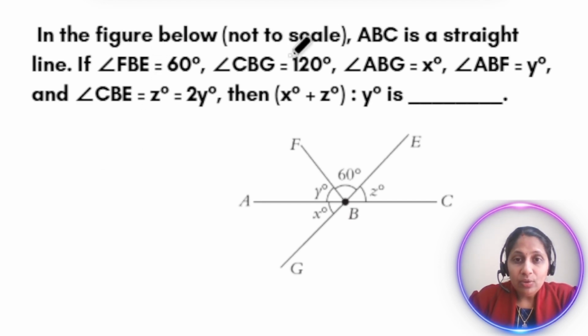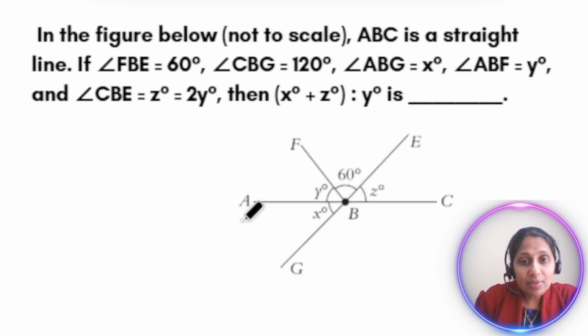In the figure below, not to scale, ABC is a straight line. Which is ABC here? A, B, C. This is a straight line, and FBE is 60 degree as shown in the figure, and CBG, this side, actually it's 180 degree.